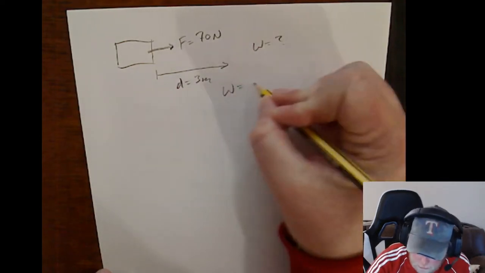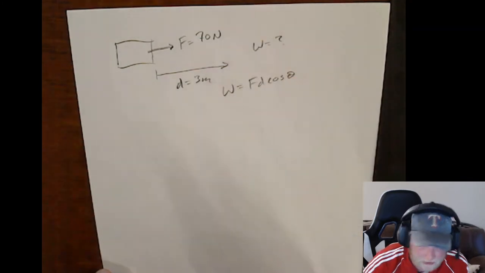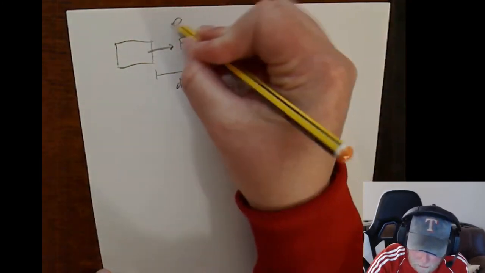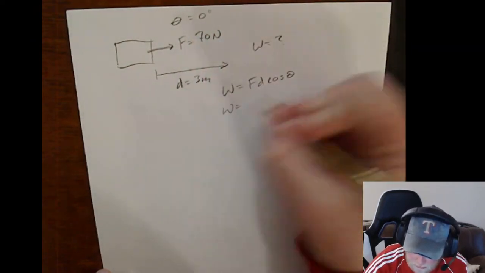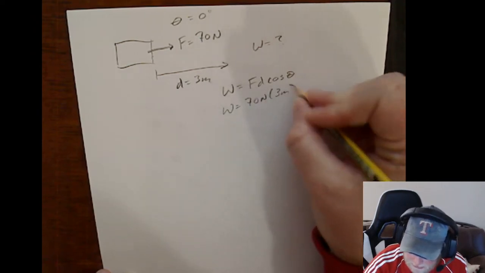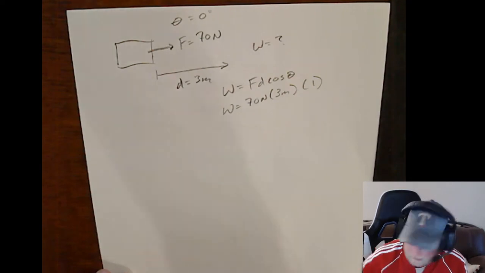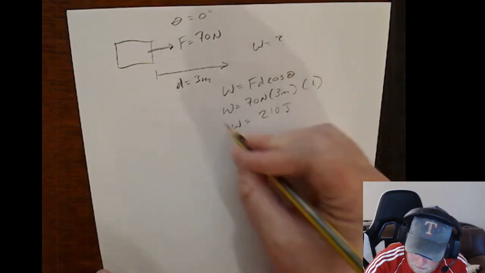Well, again, work is force times distance times the cosine of the angle between those two vectors. In this case, theta, our angle there, is 0 degrees. So the work would be 70 newtons times 3 meters times the cosine of 0, which is 1. So the work done there is 210 joules.